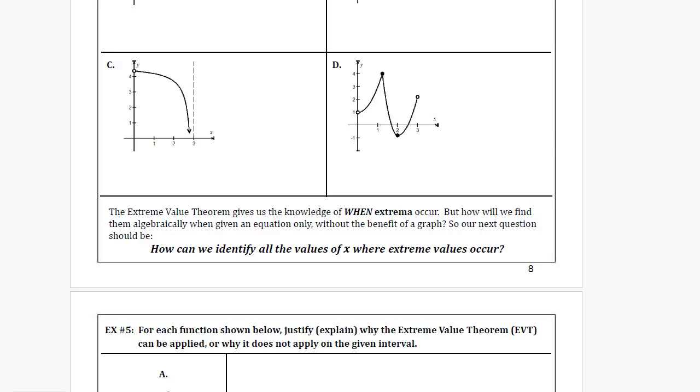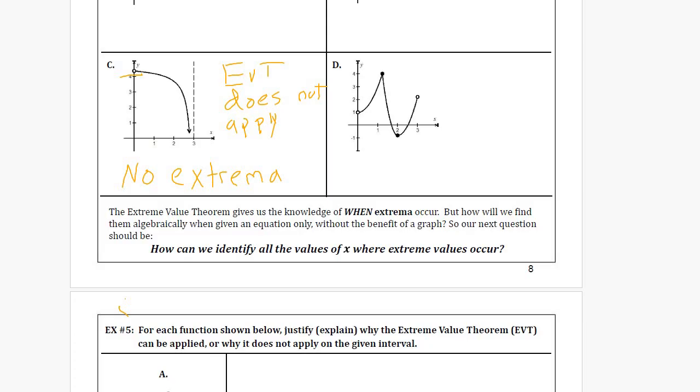So, looking at our next two, okay, again, EVT does not apply because we have a vertical asymptote there. And notice here we have neither, so we have no extrema because that top value is the one we would want to be our absolute max, but if there is a hole there, and then that arrow goes down forever at that asymptote, so there's no absolute min either, okay?